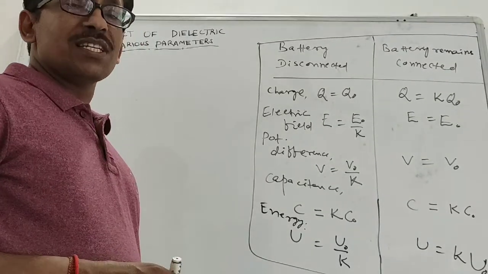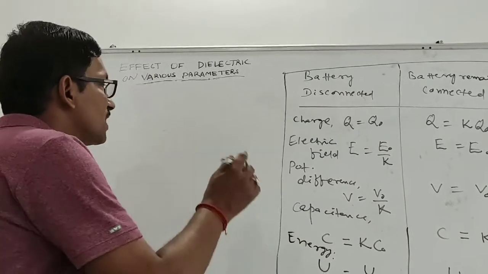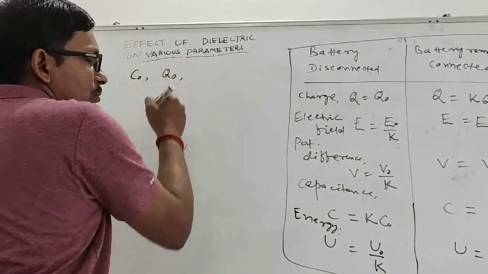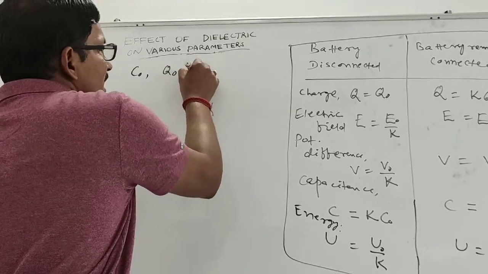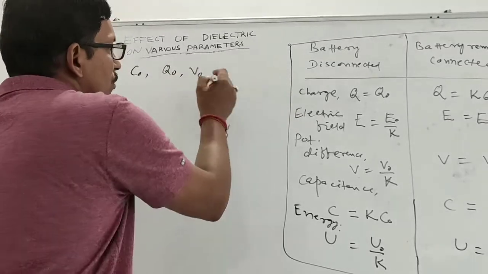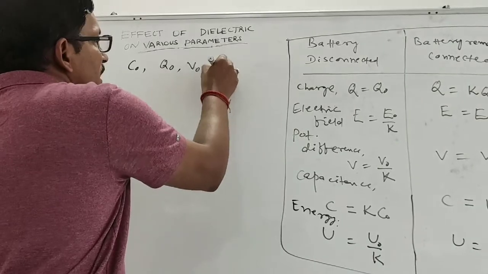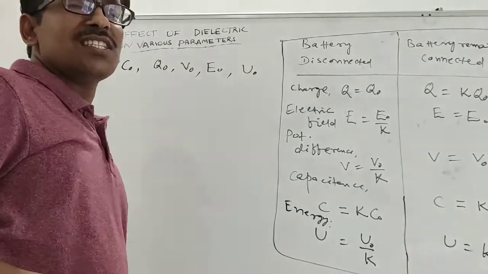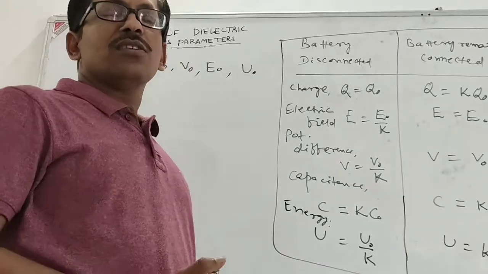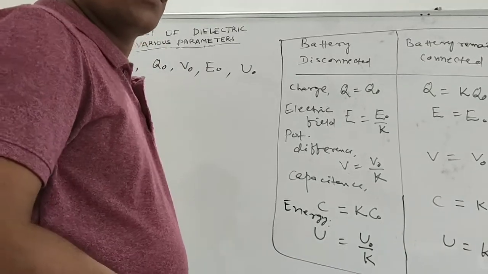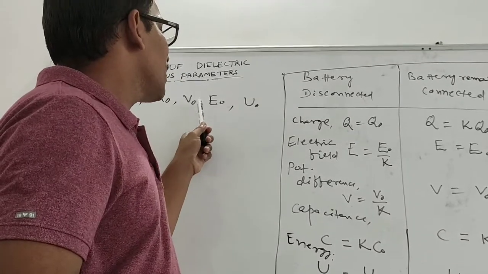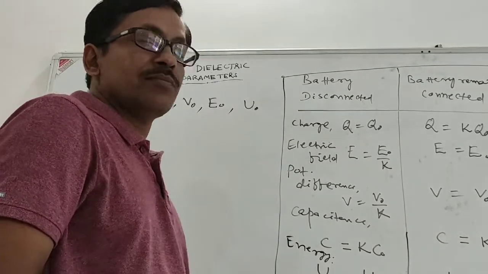So now consider a capacitor whose capacitance is C0, charge is Q0, potential difference between the two plates is V0, electric field is E0 and energy is U0. Initially, before inserting the dielectric slab, these are the values: capacitance, charge, potential difference, electric field and energy.